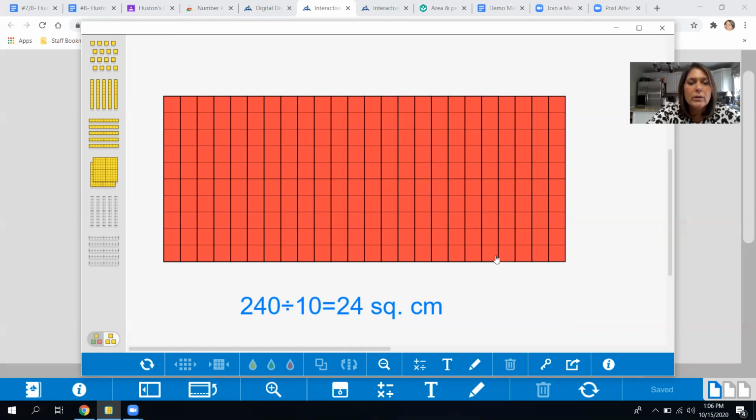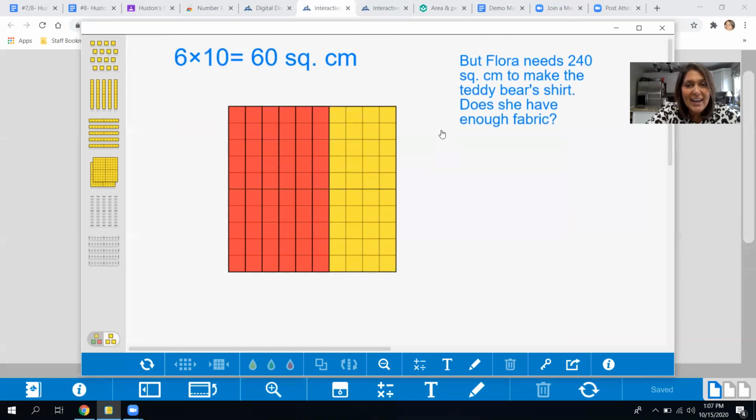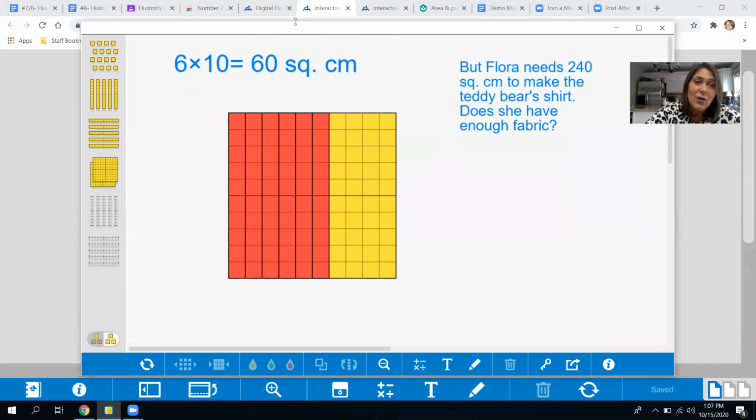I've got a width of 10 centimeters and a length of 24 centimeters. You could switch it, it wouldn't matter. You know that based on your factor knowledge. And that's how you would get that. So if you want to count those individually, feel free. You can do that in your spare time and replay this video because I am going to post it on Google Classroom for you as well.